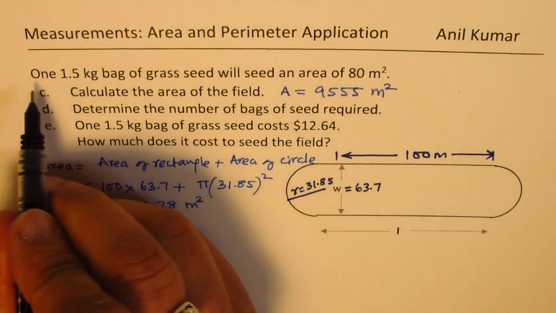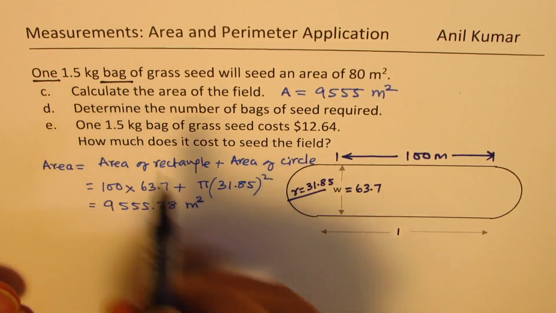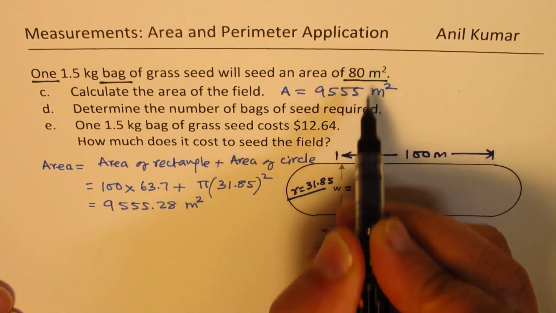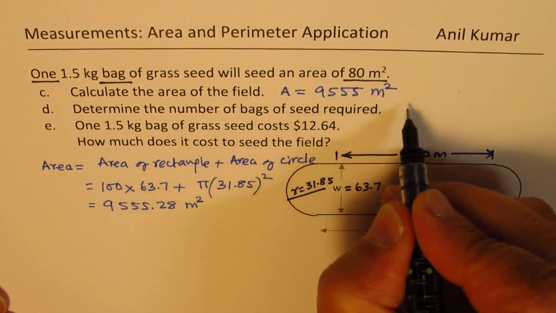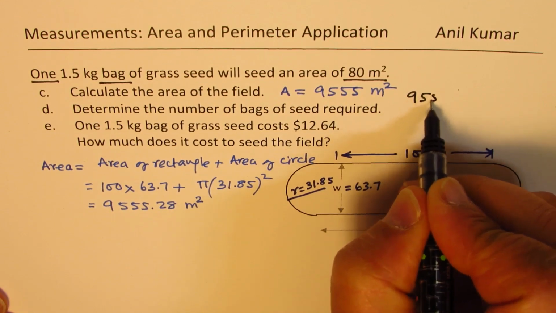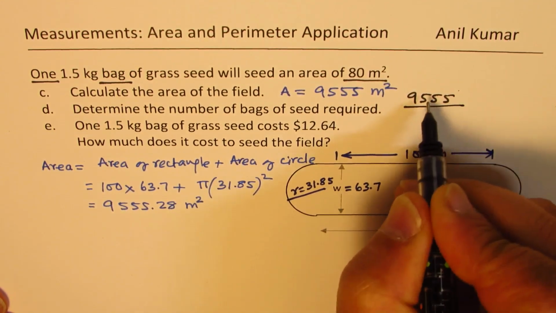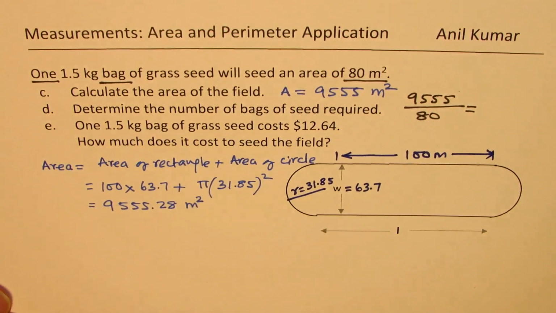So forget about 1.5 kg, one bag will seed 80 meters square. So number of bags will be area divided by 80. So we have 9555, that is the area, divided by 80 will give you the number of bags.